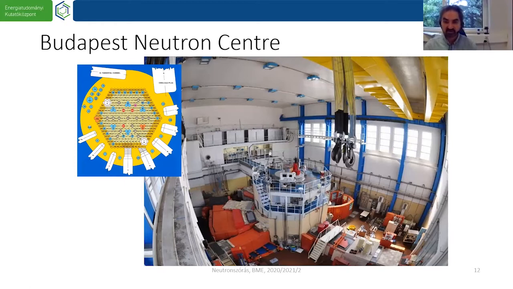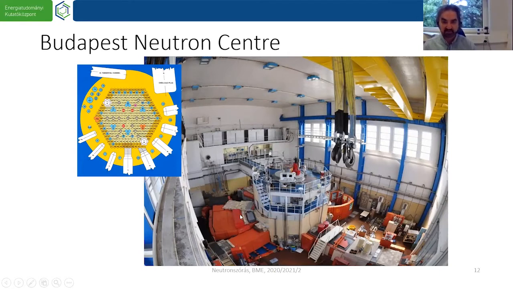The building in the very center of this picture is the reactor itself, and inside the reactor we have the core of the reactor, which is roughly half a meter in diameter, a hexagon in this case, and it has many channels coming outwards from this central zone. In these channels the neutrons emitted from the core are transferred to the instruments.